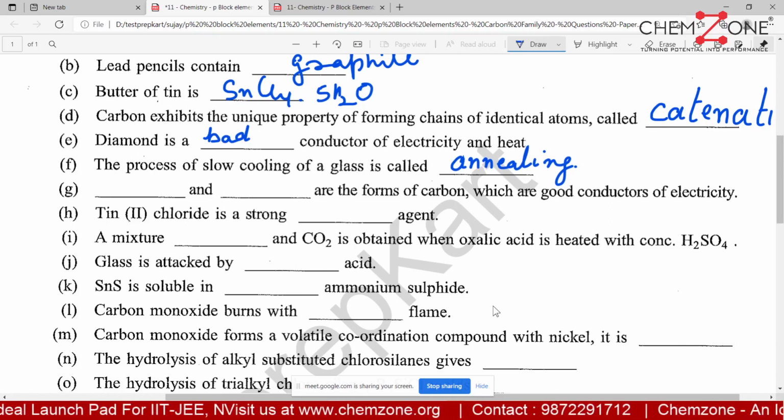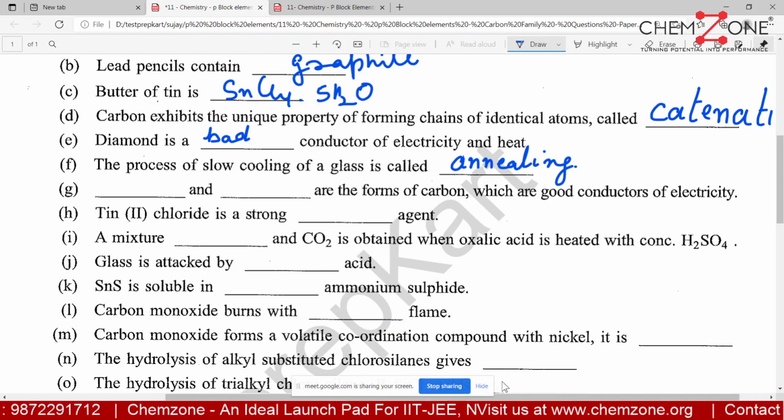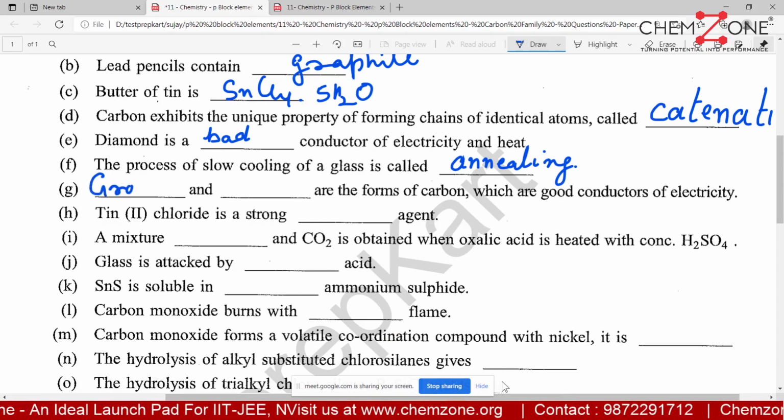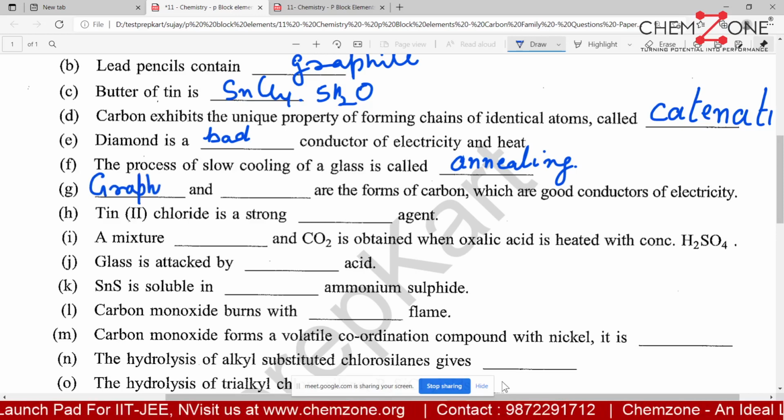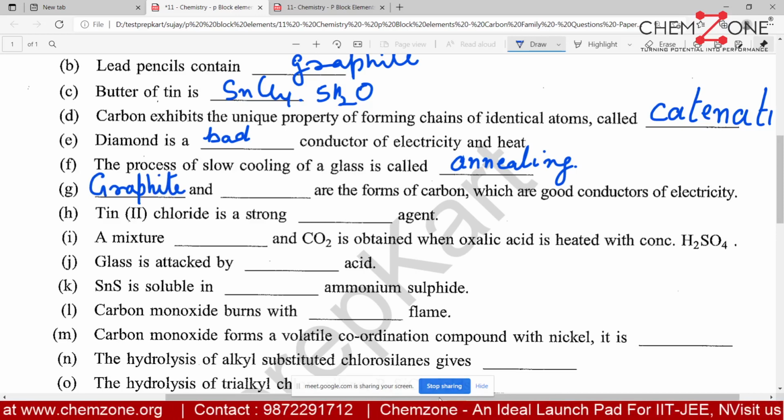Dash and dash forms of carbon are good conductors of electricity. Can you tell me what forms of carbon are good conductors of electricity? One is graphite, right? Any other form of carbon that is a good conductor of electricity?